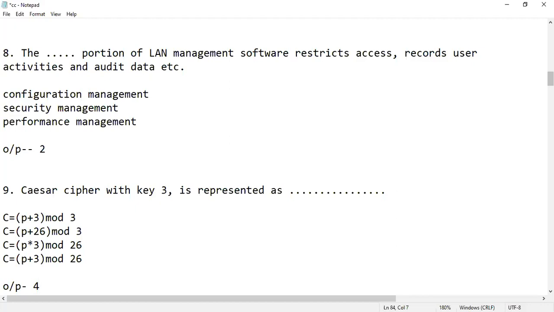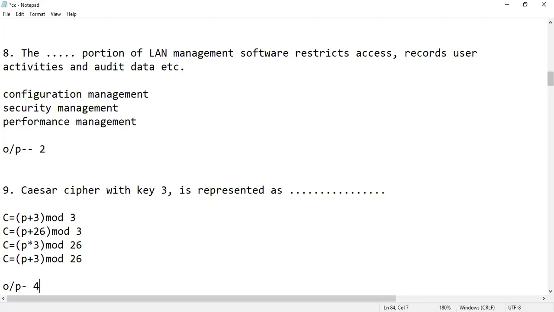Caesar ciphers are encrypted by adding modulo 26, so C equals P plus key mod 26, where C is the cipher text and P is the plain text, and they are decrypted by adding the inverse of the key. The method requires two inputs, the number and the plain text.